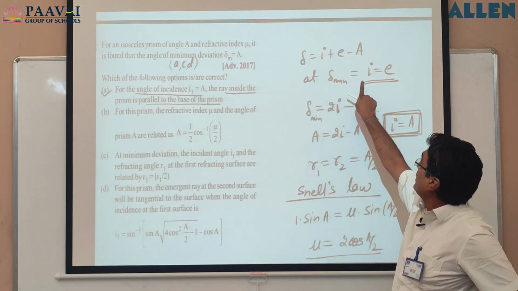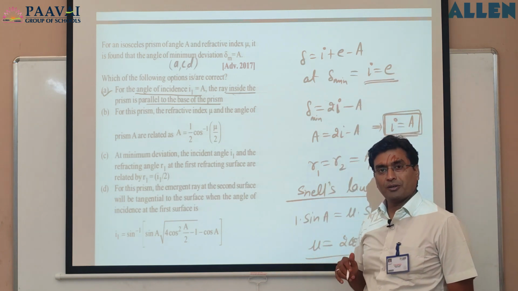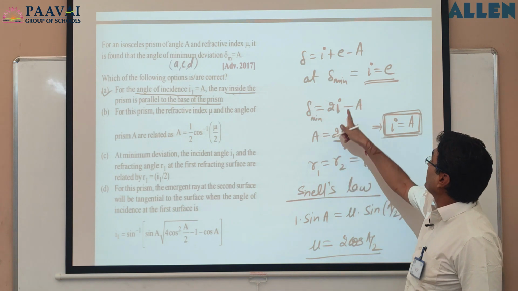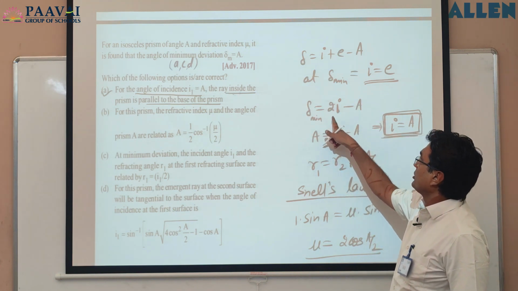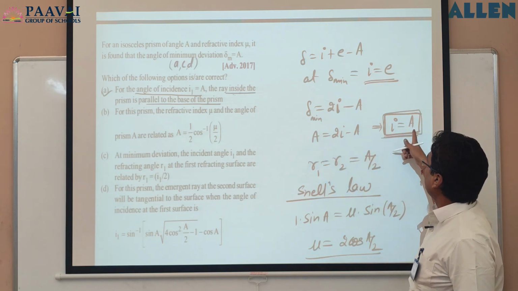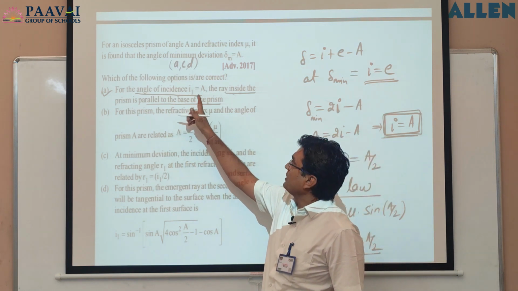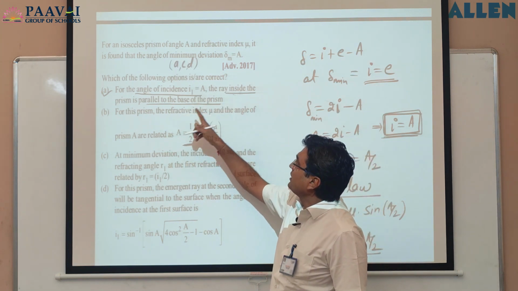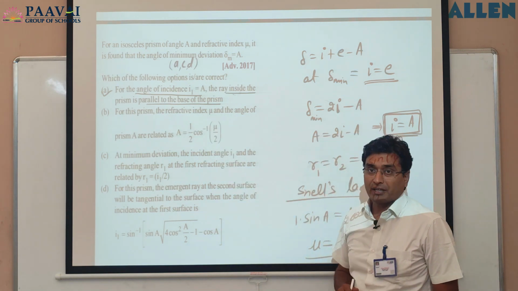At minimum deviation, angle I equals E, because the middle refracted ray will be parallel to the base of the prism. So, we will be getting the same equation, minimum deviation is nothing but 2i minus A. So, A will be equal to 2i minus A, and i will be equal to A. So, the first option says that for the angle of incidence I1 equal to A, the ray inside the prism is parallel to the base of the prism. So, that is the correct answer.